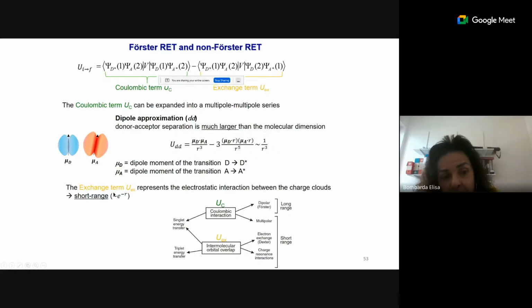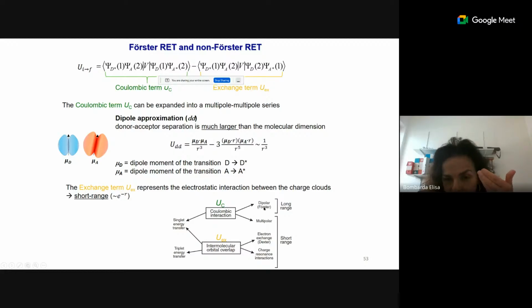The profile is more exponential. So you have these two terms, the Coulombic interaction and the exchange interaction, and in the FRET, as we normally consider, we practically consider this dipolar approximation, and that is what FRET is.